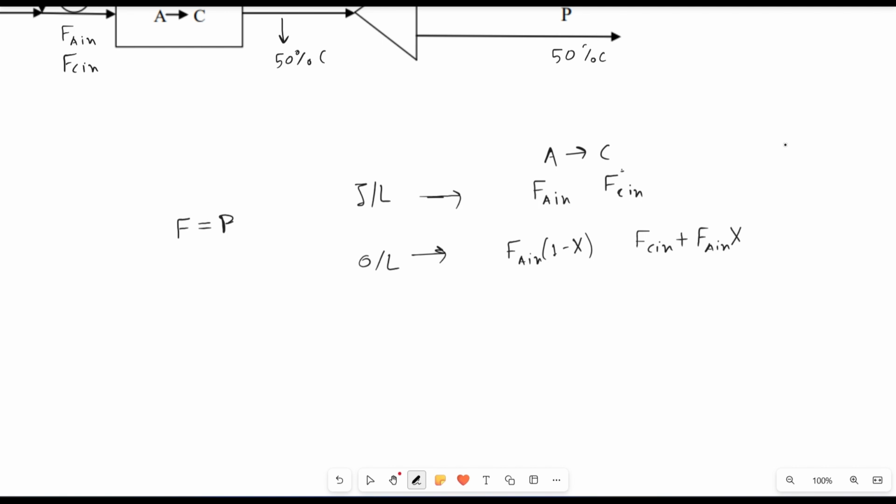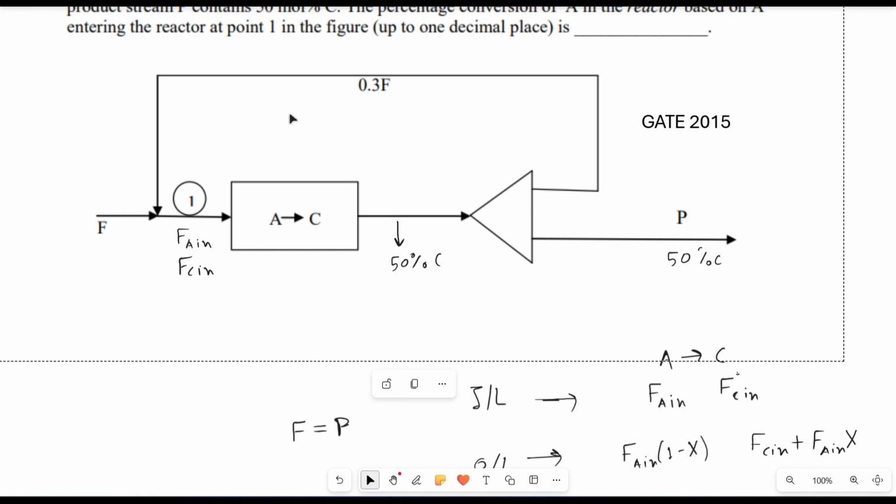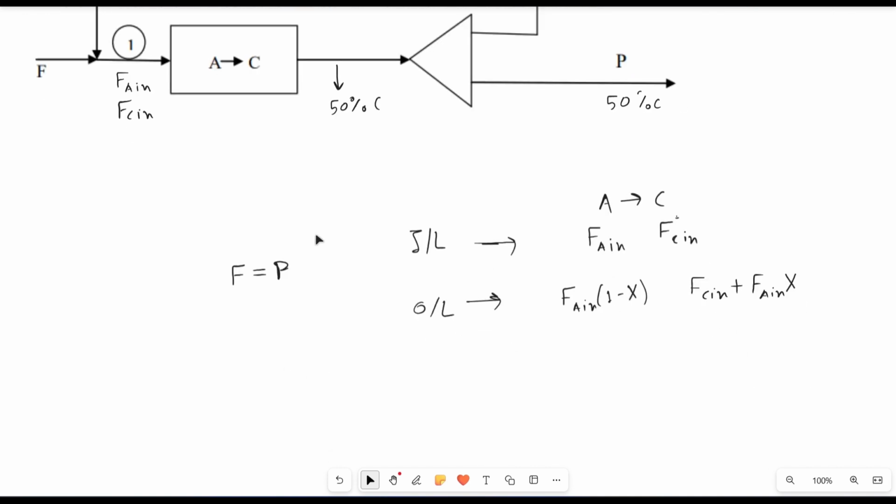Now the recycle is 0.3 F. As this reaction is A to C, there is no change in density. As you know, molar F is equal to F naught (1 plus epsilon A times conversion X). Here epsilon A, the change in stoichiometry, is 0. So inlet moles equal outlet moles.